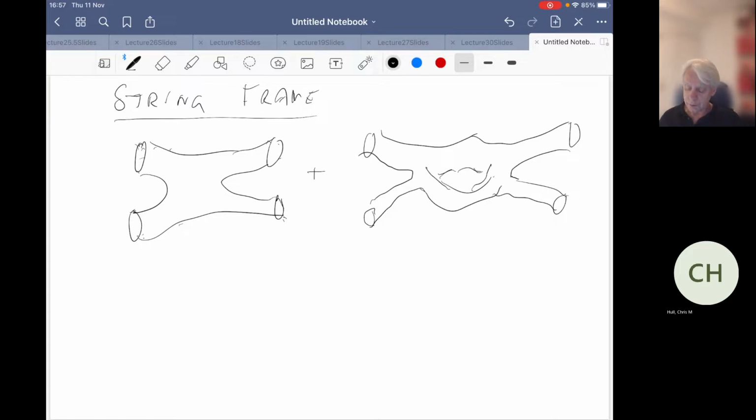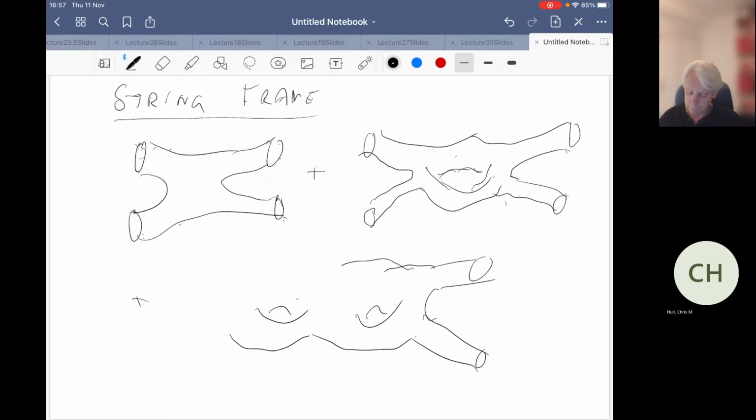So we can think of this as a torus with four handles, four tubes stuck on, and then plus one which had two holes in it. So here we can think of this as two donuts glued together and then four cylinders glued onto that, and so on.